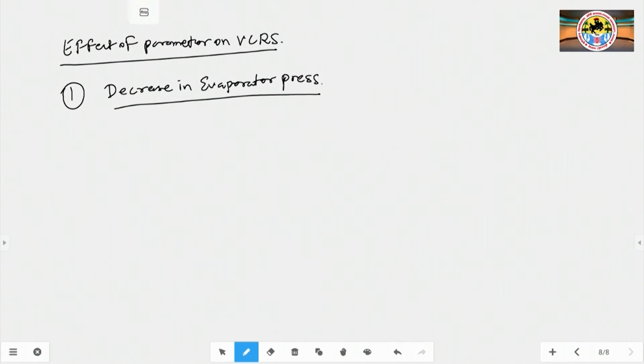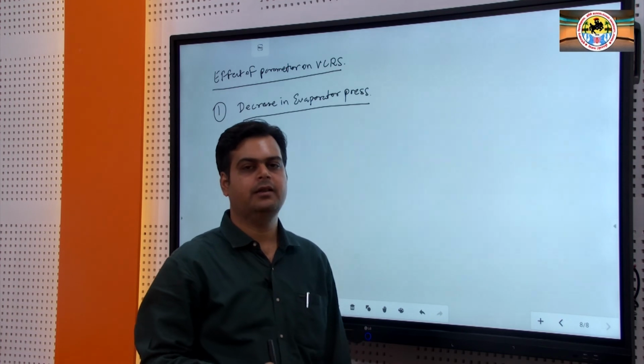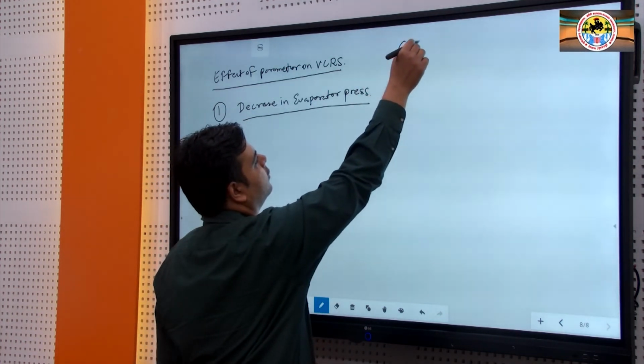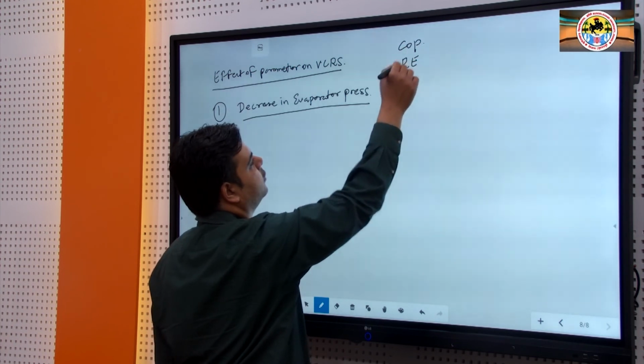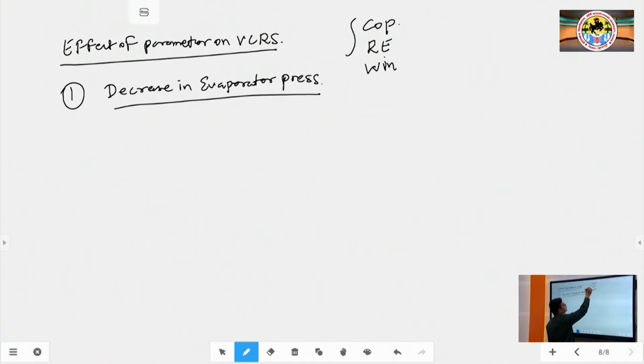When the evaporator pressure decreases, what are the different parameters that affect the refrigeration cycle, like COP, refrigeration effect, and work? Three main parameters. So, what is the effect on these parameters when the evaporator pressure decreases?